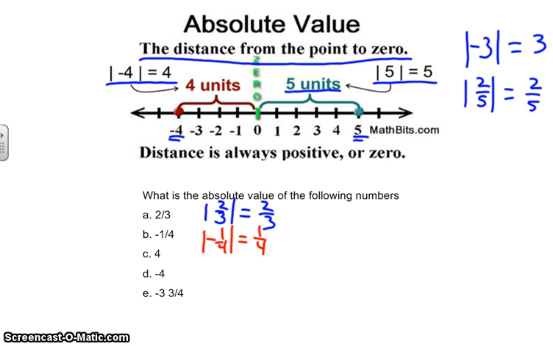If we look at the other two, the absolute value of 4, that should be 4. The absolute value of -4, let's all think for a second. Very good, that is 4. And our last one, E, the absolute value of -3 3/4, we just get rid of the negative, and it's 3 3/4. We're just looking at its distance from 0.